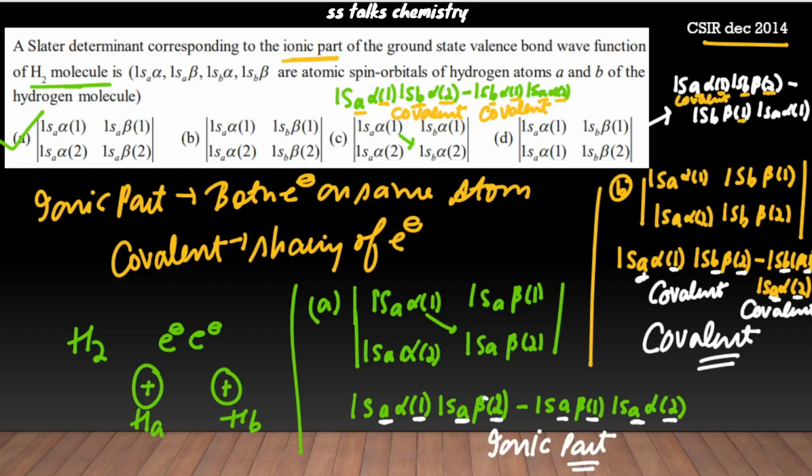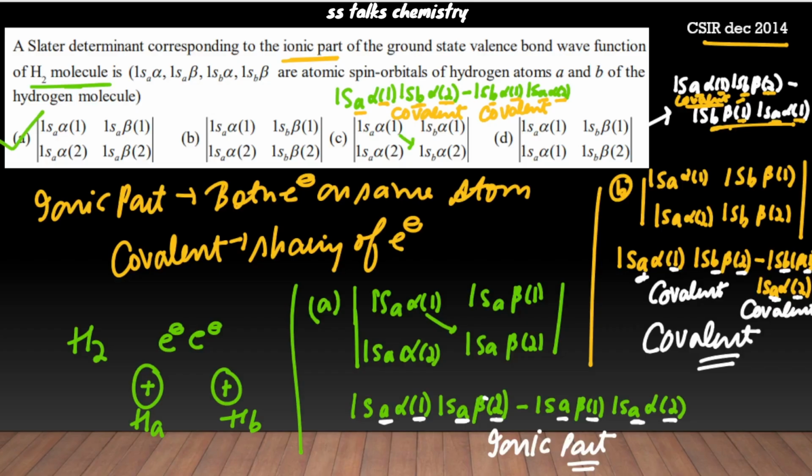Here also the first electron on the atom B, the first electron on the atom A. So both these electrons, they have written 1 and 1, this is on the B and this is on the A only. So again you cannot say that this is your ionic part. We cannot say anything about this portion. So here also, in this complete wave function, if I am saying covalent part is that, again this cannot be the answer. So purely ionic, that is in the option A only.